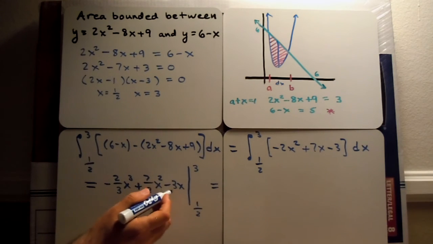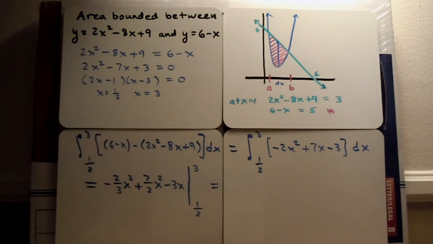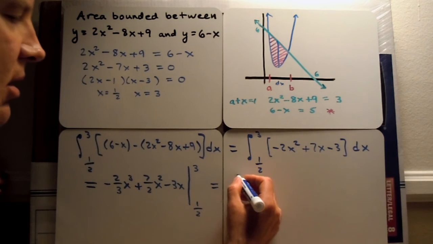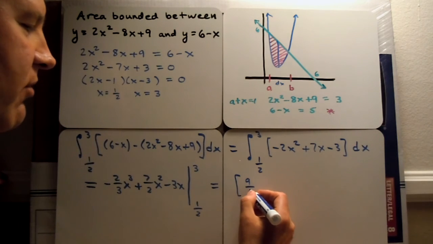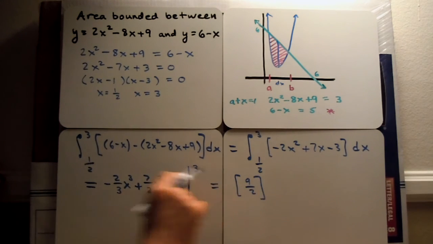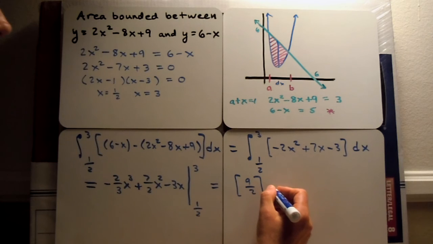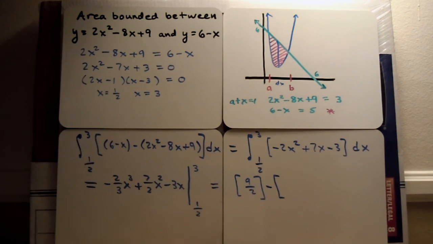Substituting 3 and then simplifying the fraction, we're going to get 9/2 as the value at 3, the upper limit of integration. And then we subtract the value at the lower limit of integration at 1/2.